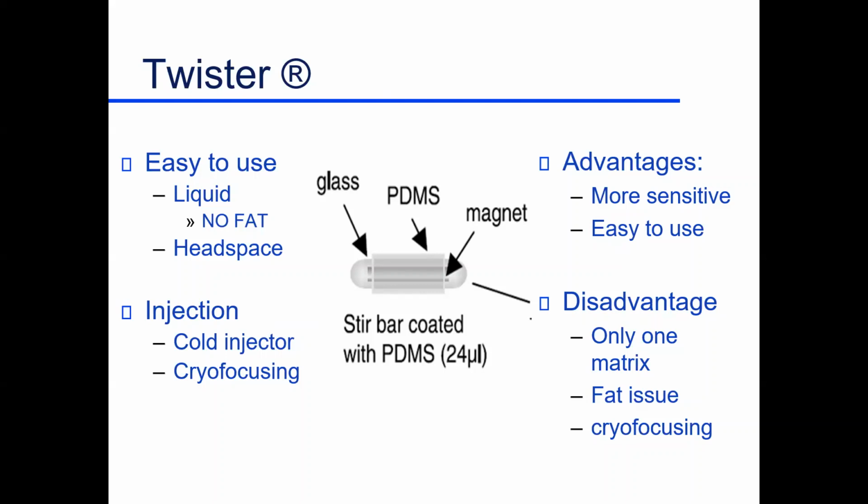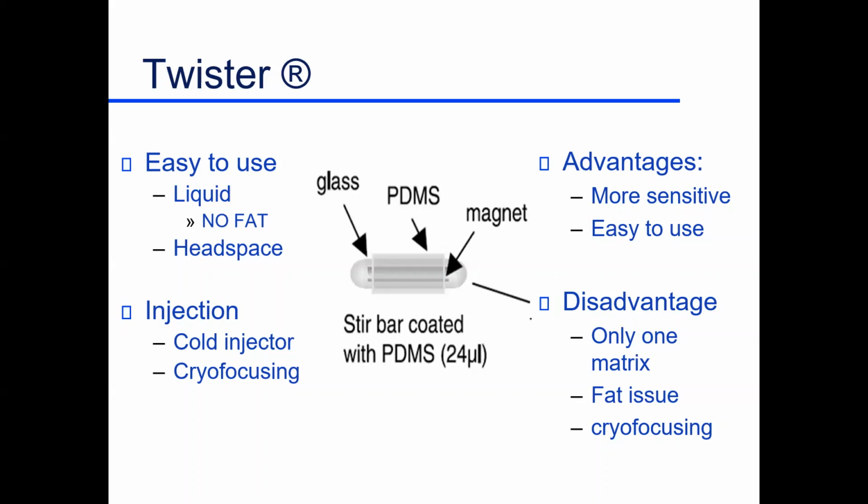The compounds that really like that film are going to move into it and be concentrated on it. You take it out, rinse it in water, and stuff it into the hot injection port at 200 degrees centigrade with gas coming across it. Guess what? All the things it absorbed are going to be released. It's just a really simple way to get compounds out of a system.